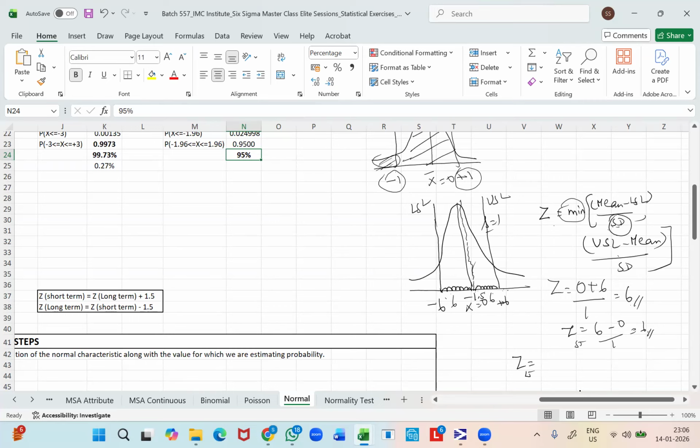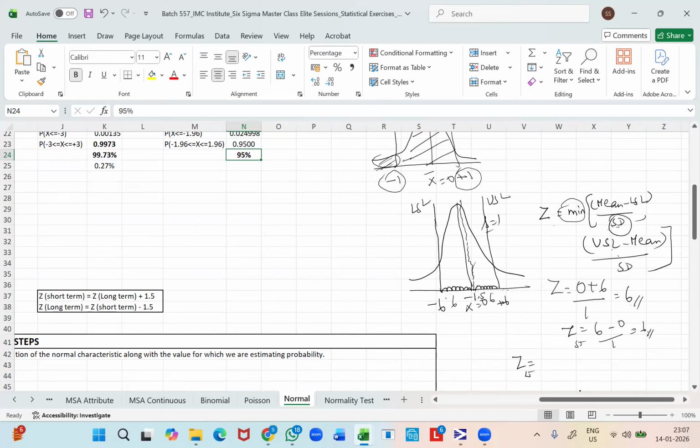Even otherwise, you can just remember it like this. If the mean is not aligning with the target, we need to find out to which side the mean is tilting. Keeping the target as the reference point, we can easily find out which side the mean is tilting towards. If the mean is tilting towards the USL side, we need to apply the USL side formula to calculate the sigma level.